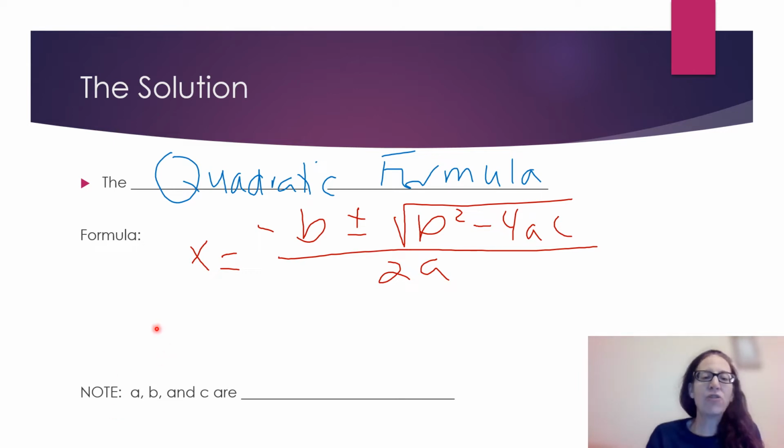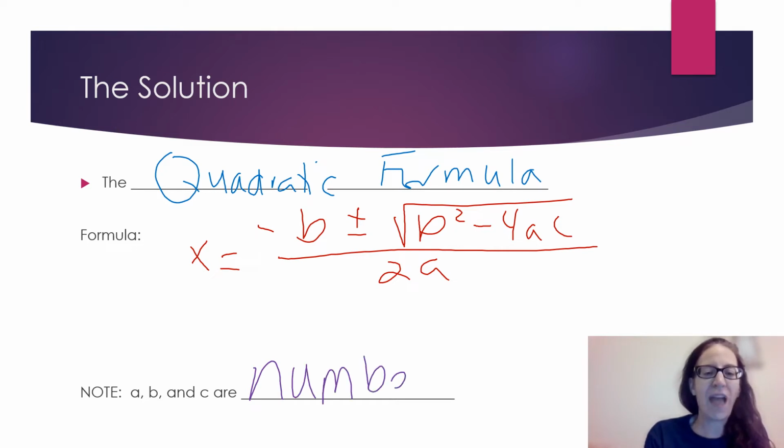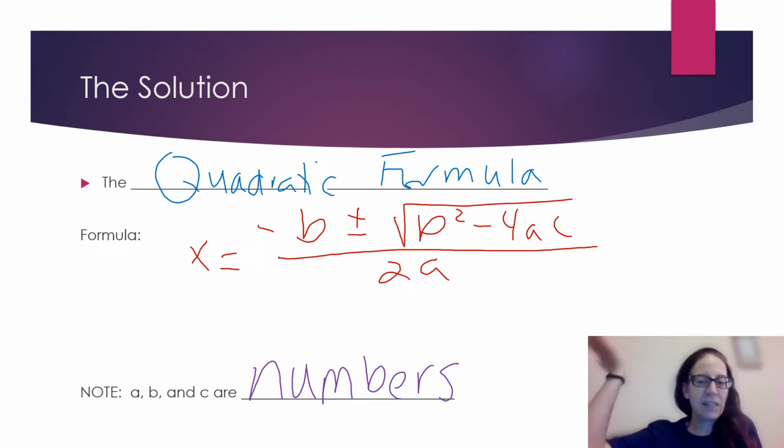Okay. Now, I want you to note that A, B, and C are numbers. So never, ever, ever should I see something like A is equal to x squared. Nope. A is not equal to x squared. A, B, and C are only ever numbers.